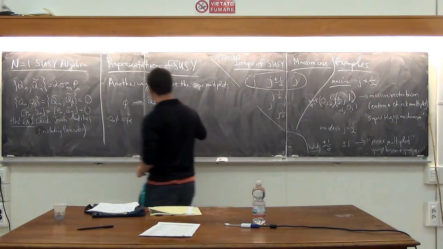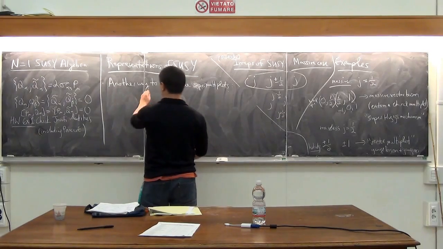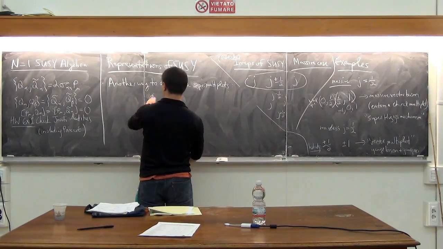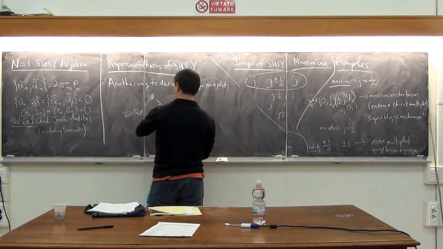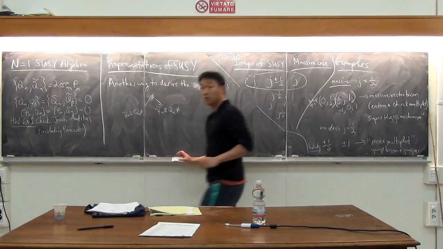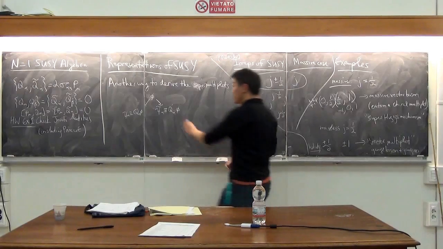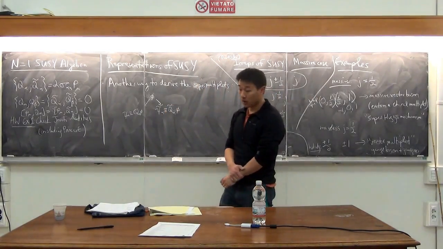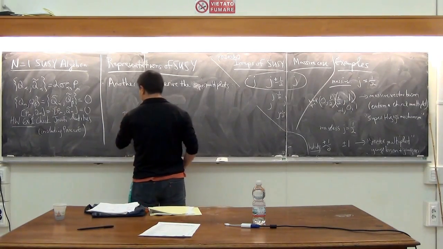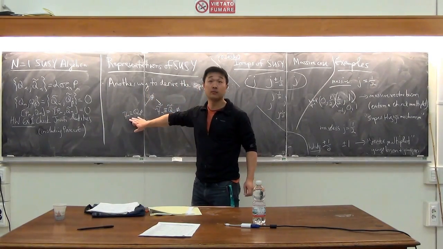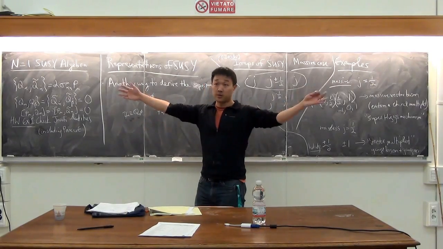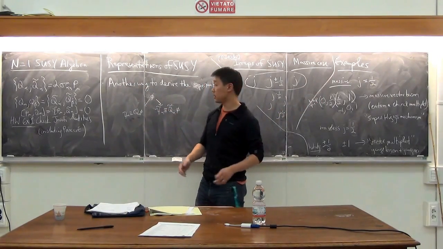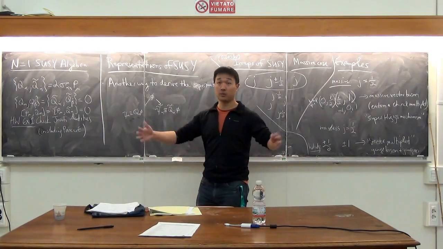Suppose I just did that, and then let me keep going. I can do it twice. Suppose I act on this thing now with Q alpha again. I'm just filling out a multiplet. I don't care right now if it's reducible or irreducible. I'm just filling out a multiplet by following my nose.